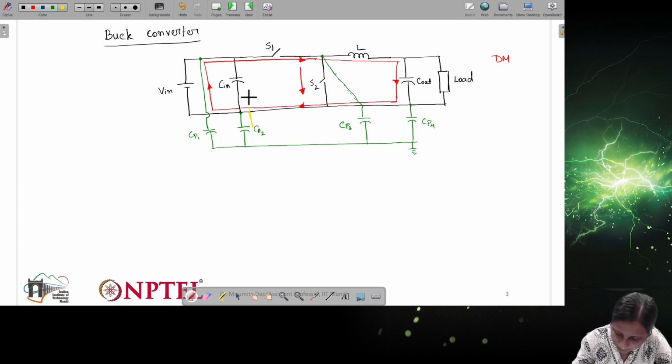It will flow along with this. One will come from this. Another, since there is a parasitic capacitance connected here in this path, it will go in this direction. Hopefully this is visible to you. This will go in this direction.